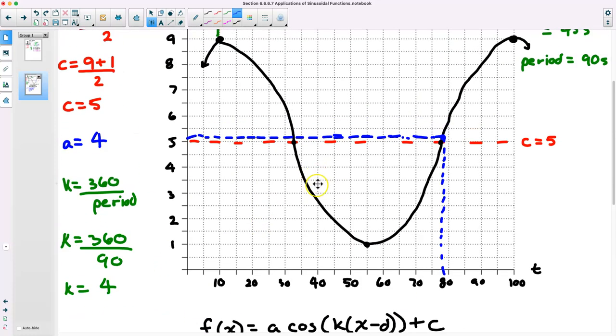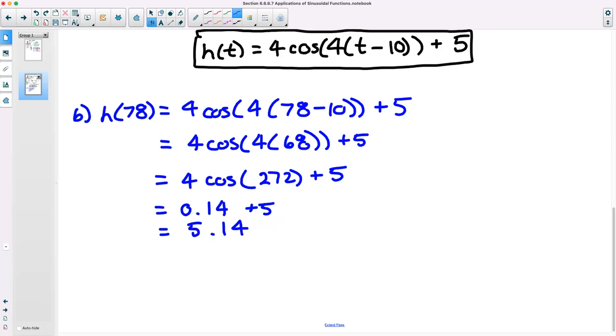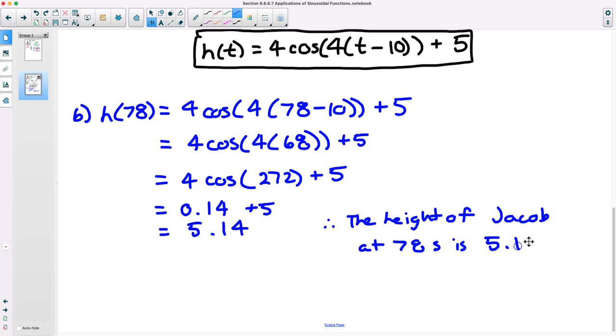So that's just a double check that our calculation and our model were correct. Therefore, the height of Jacob at 78 seconds is 5.14 meters.